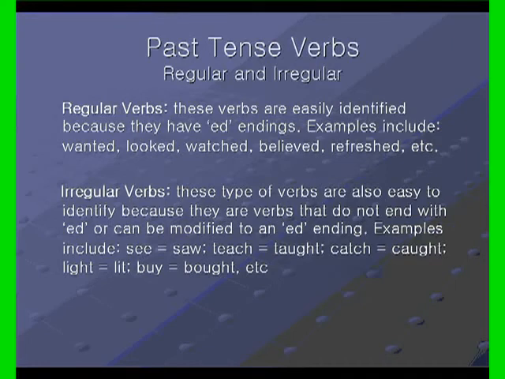Irregular verbs are the opposite of regular verbs, but they are also easy to identify because they do not end with ed and they cannot be modified to an ed ending. Examples would include see, which changes to saw in the past tense, teach, which changes to taught, catch changes to caught.